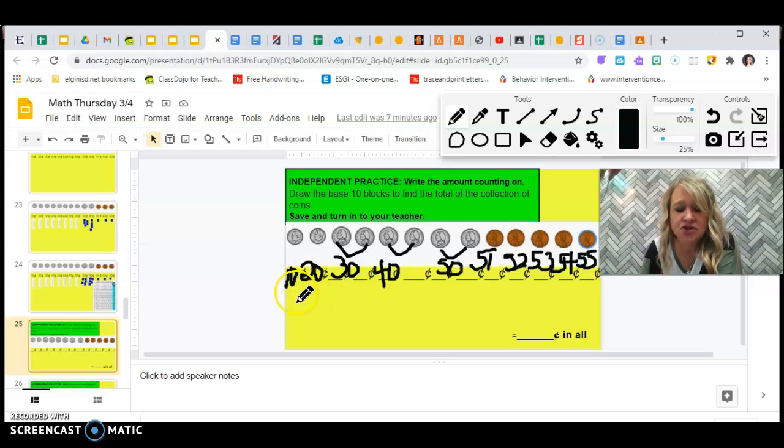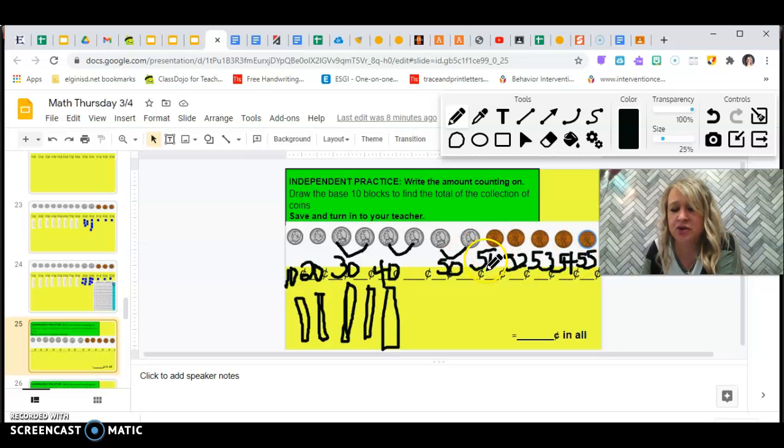Let's draw our place value blocks for our dimes. We have 1 10, 2 10s, 3 10s, 4 10s, 5 10s. Now we have how many ones?